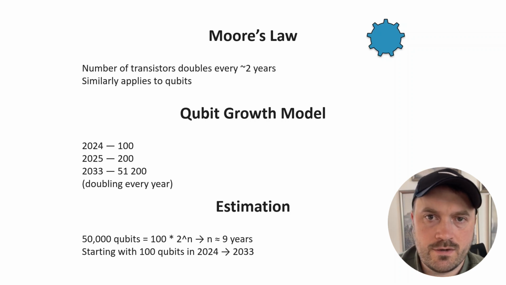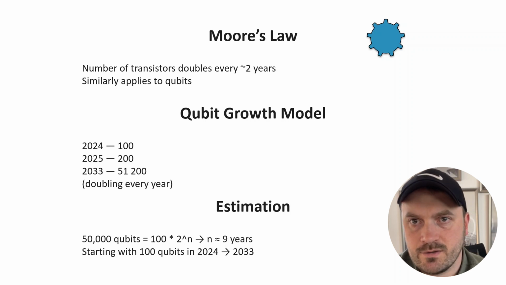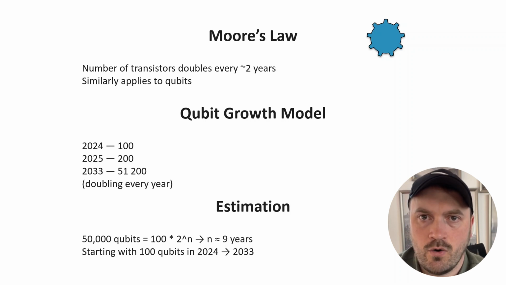To calculate how many times we need to double 100 to reach 50,000, we solve the simple equation: 100 times 2 to the power of n equals 50,000. This means we need about 9 years for the number of qubits to grow from 100 to 50,000, assuming it doubles every year.